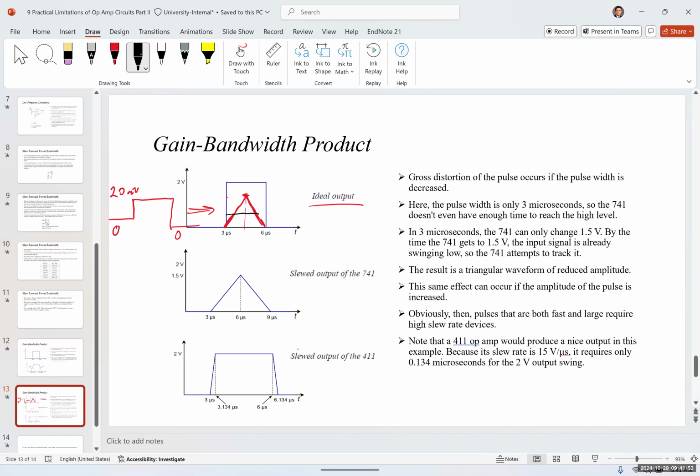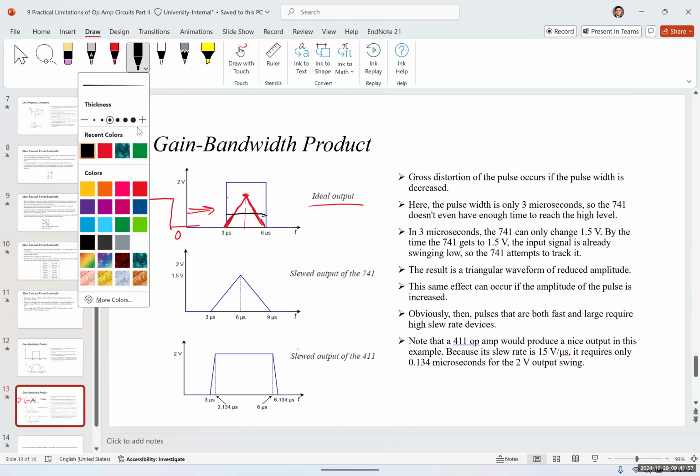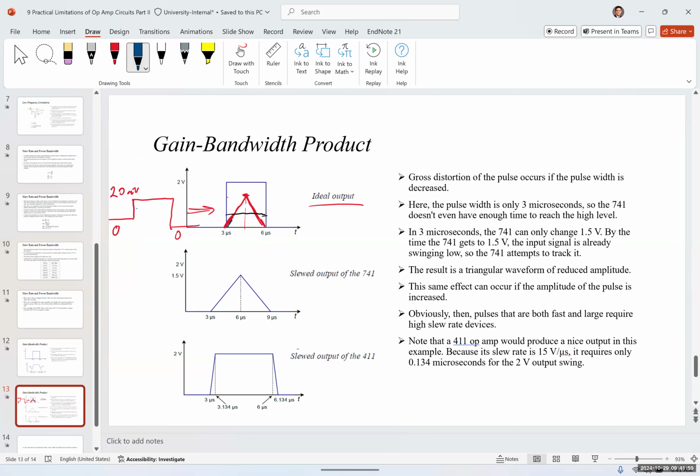If it was down here, the 741 could do it, with the blue color, could reach this, and you're going to have a better signal compared to that. So if I had, instead of 2 volts, 0.2 volts, for example, we won't have that much of a problem, because it's going to still reach that.